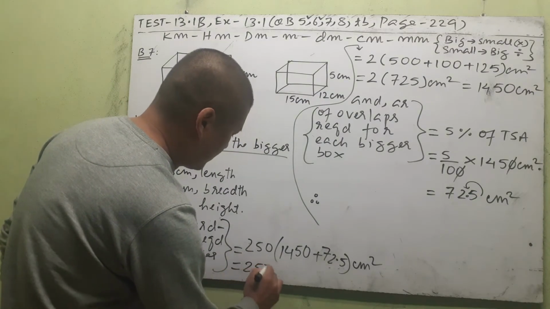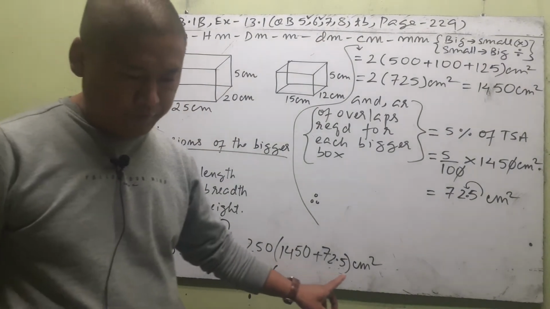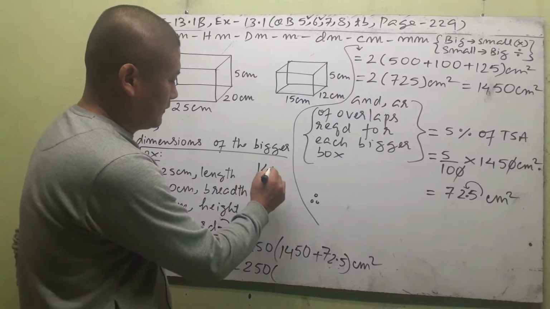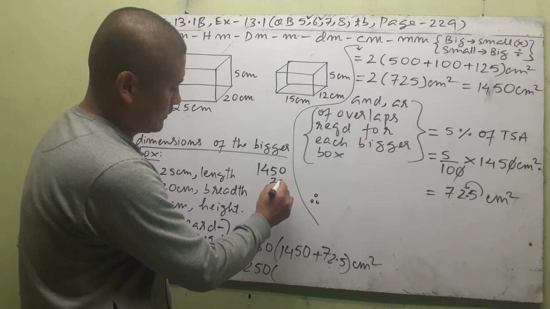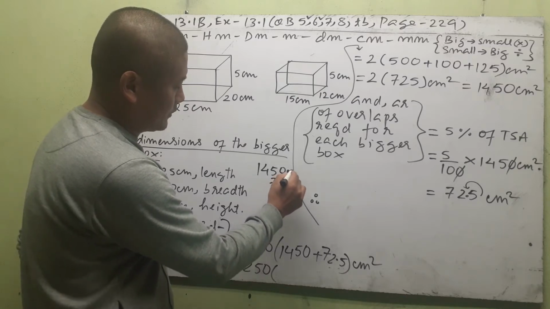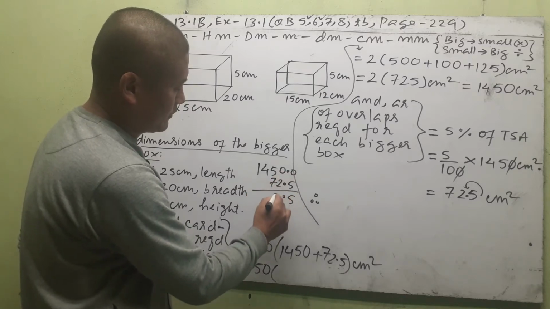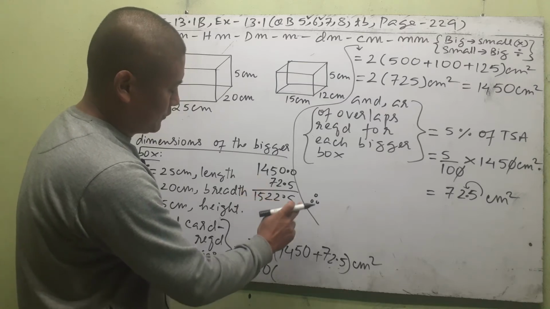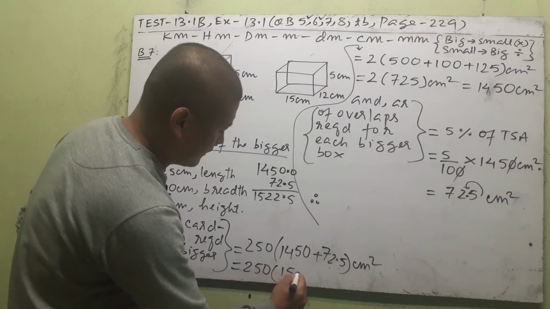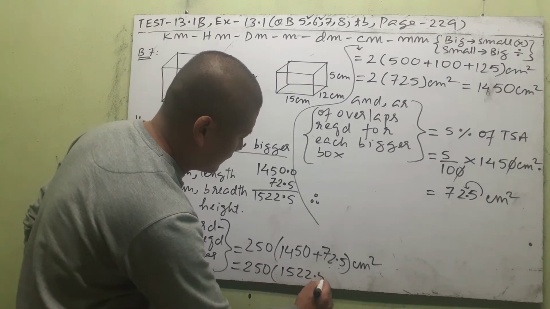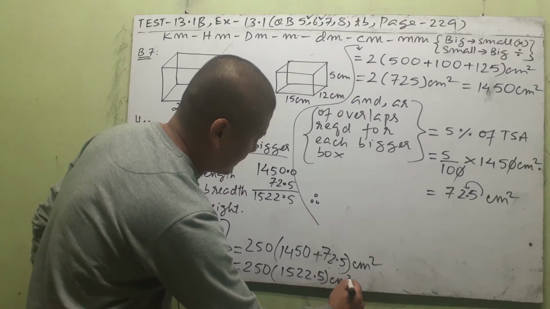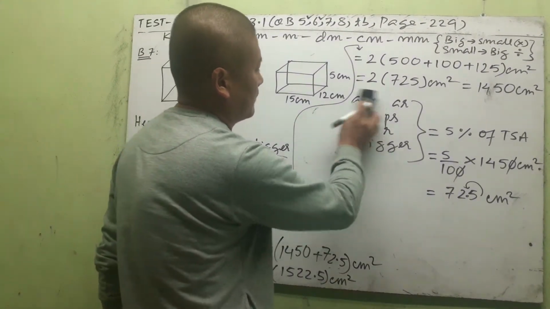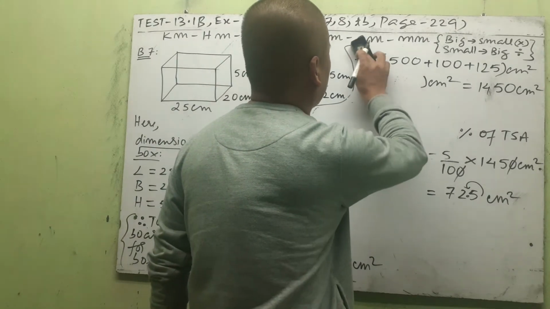So 250 into, we need to add these two, so 1450 plus 72.5 means you put 0.5, 2, 12 and 5, 1522.5 centimeter square. So now you can rub out this area.